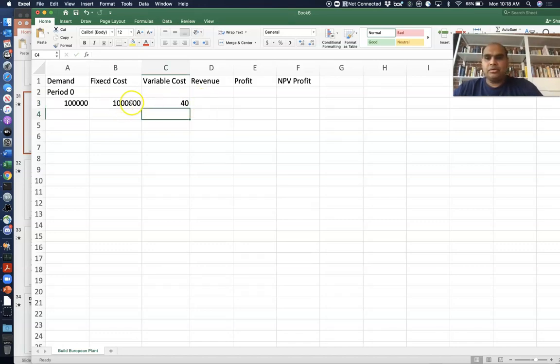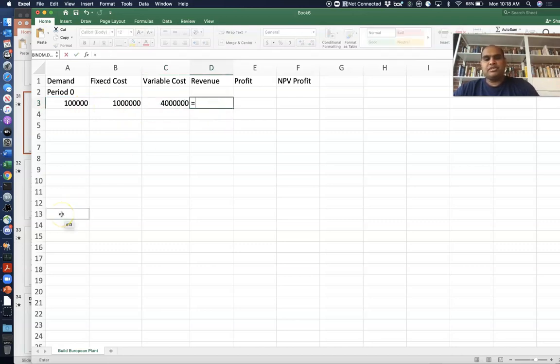and revenue, right? So fixed cost is that, variable cost is 40 euros per panel times the number of panels, which is demand, right? So you pay 40 euros per panel times the number of panels that you're going to sell, which is demand. And revenue is you're selling everything for 70 euros. So 70 euros times 100,000.